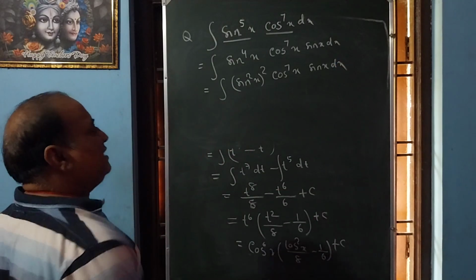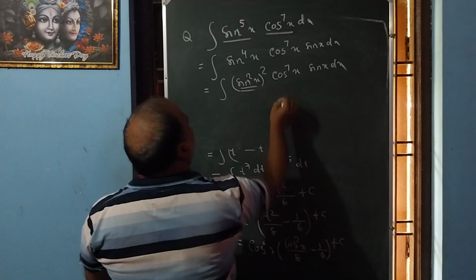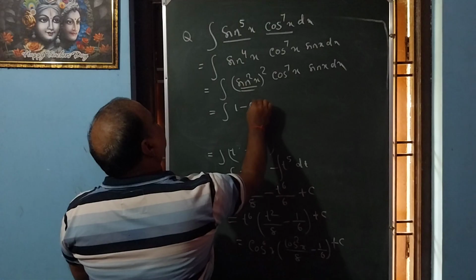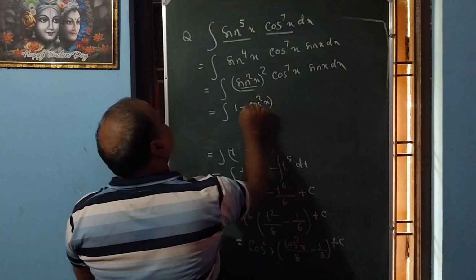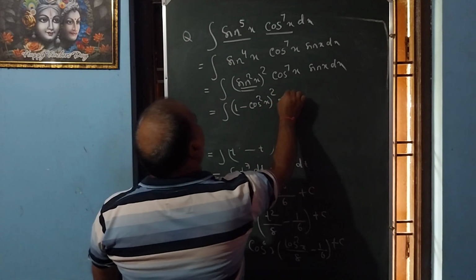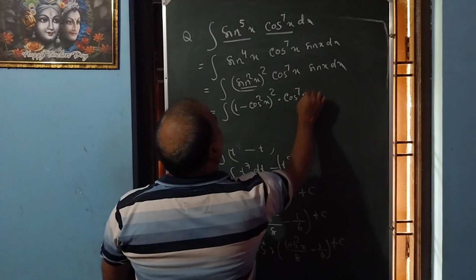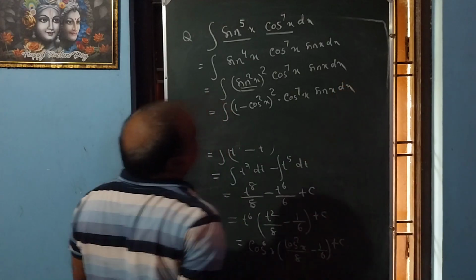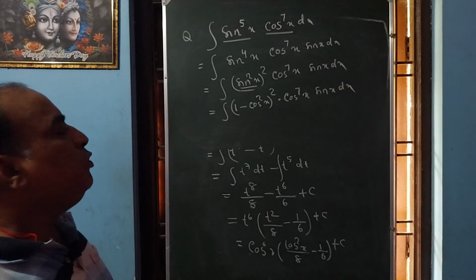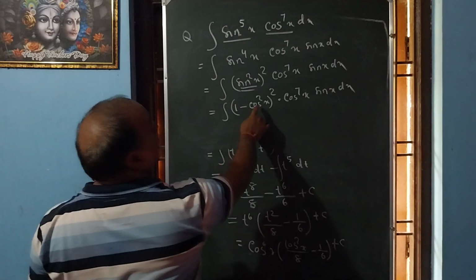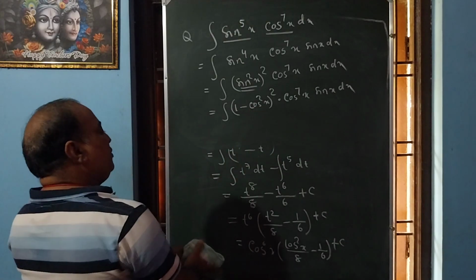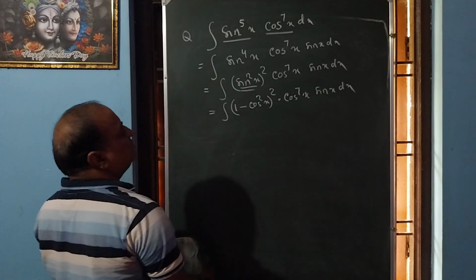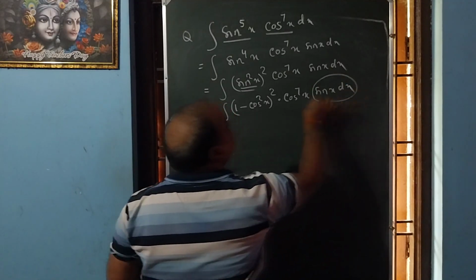Now we know that sin²x is equal to 1 minus cos²x. So (1 − cos²x) whole square into cos⁷x into sin x dx. Okay, now we have to put cos x equal to t here, because the derivative is here.